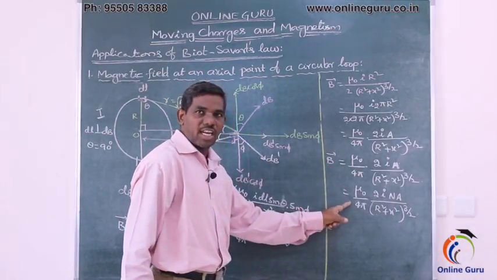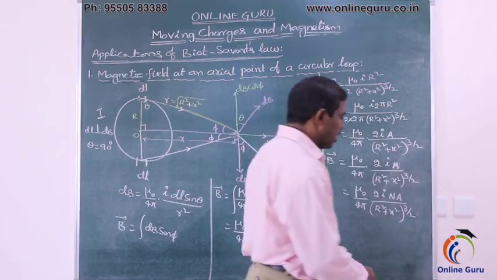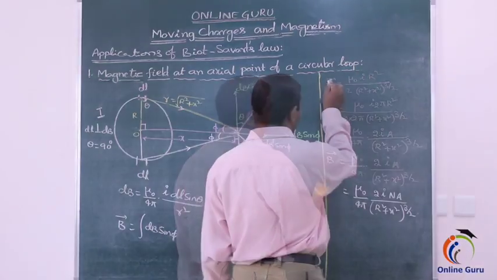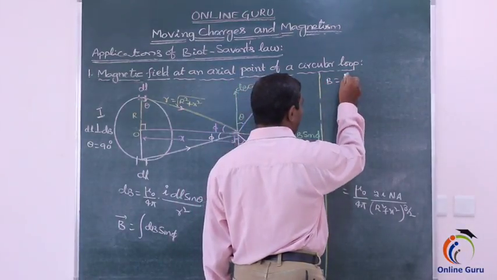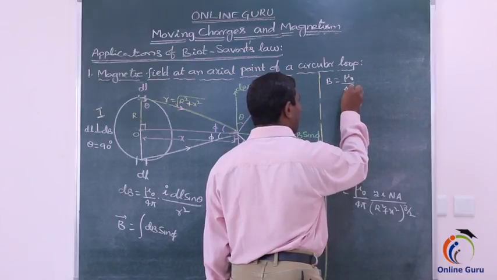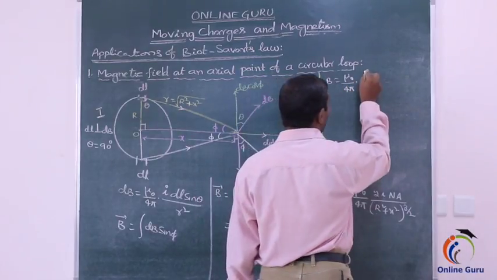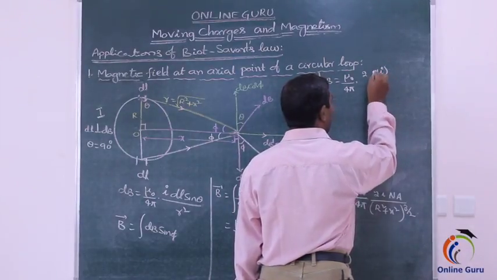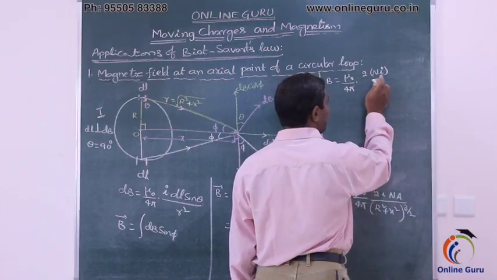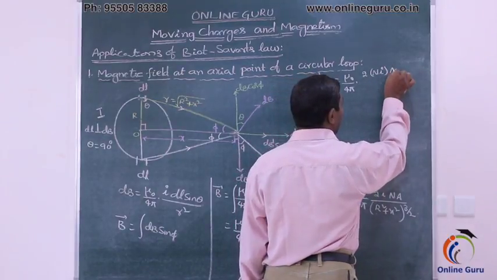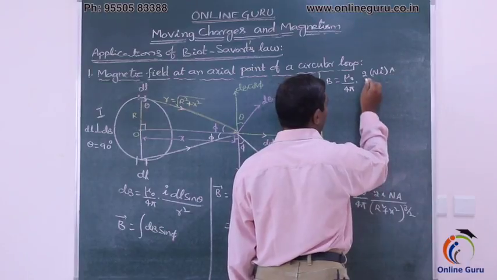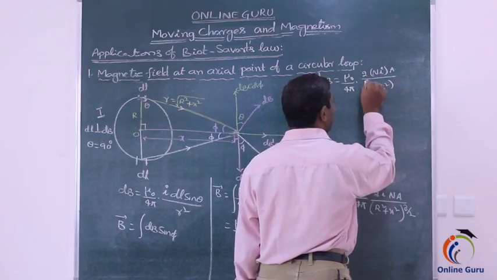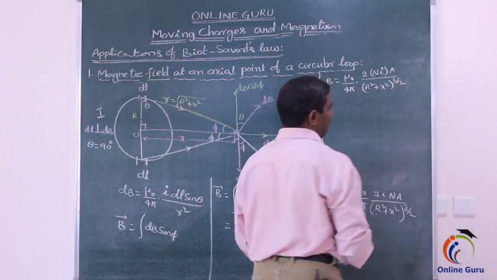From this equation of magnetic induction, I can take another case, that is case 2. So what is that case 2? The net magnetic induction B is equal to mu naught by 4 pi into 2 into the total number of turns n and the current in each turn, which is said to be ampere turns, into the cross-sectional area A, divided by r square plus x square whole to the power of 3 by 2.